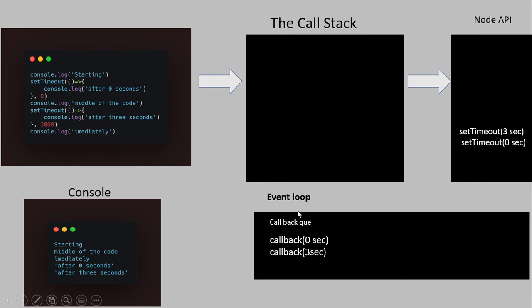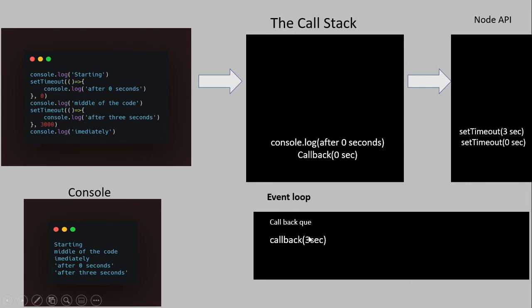Now the event loop can see, okay, the call stack is empty, and then it starts sending functions that are ready to be called into the call stack. Then we go further, the first callback function is sent into the call stack, and then we see after 0 seconds. Now it goes further again and says, okay, after 3 seconds, this function is ready to be executed.